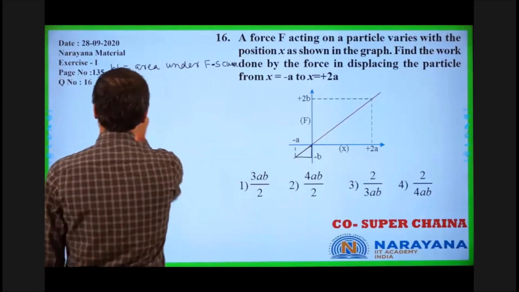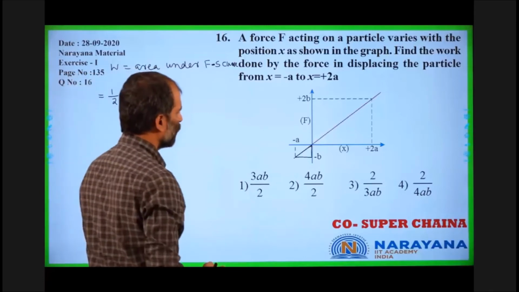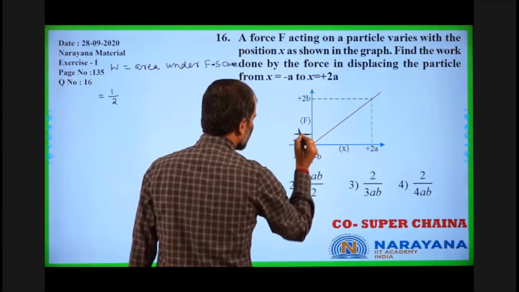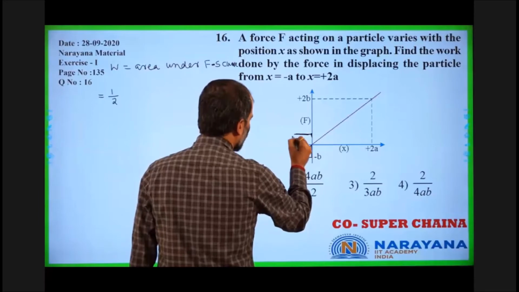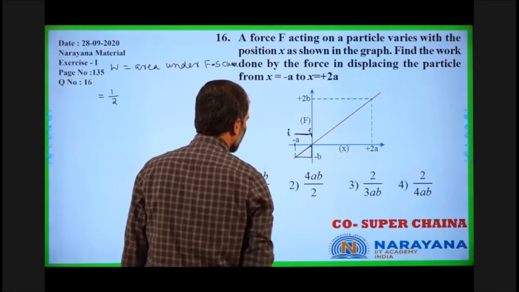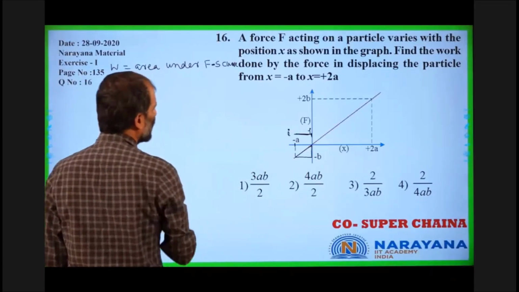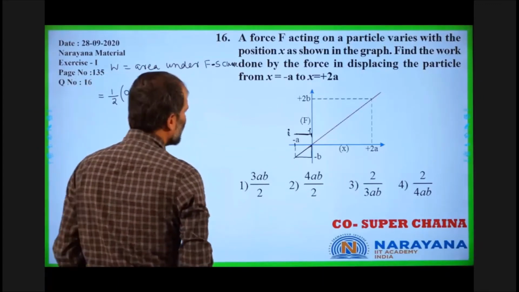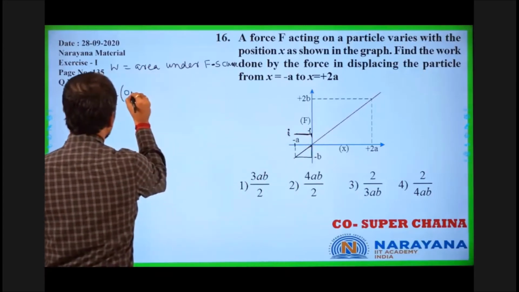So now here it is half base into height. When you consider this part, the base is from the initial point to the final point in this particular region. So the final is 0 and the initial is minus a.